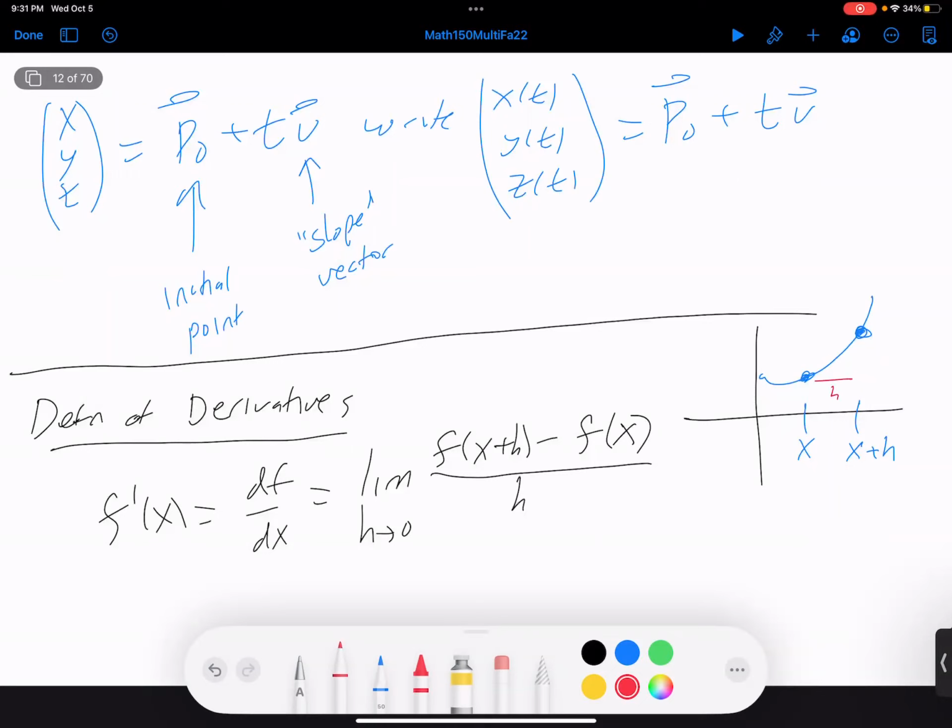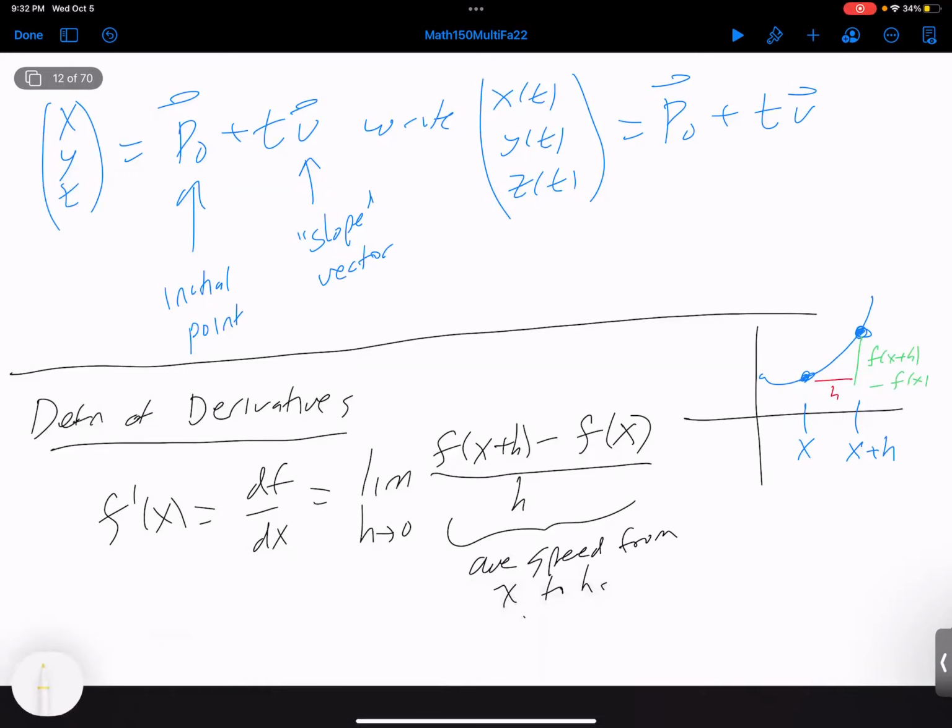That's how much my x has changed. Here is f of x plus h minus f of x. That's the change in height. And so if you think of f as distance, this is how far you've gone, and h is how much time has elapsed. So this is the average speed.